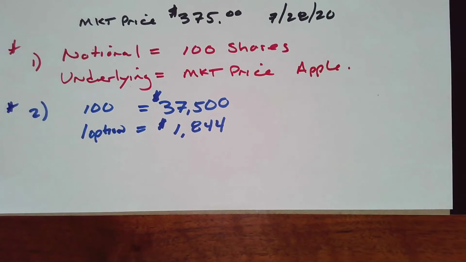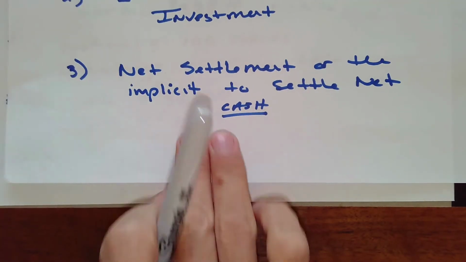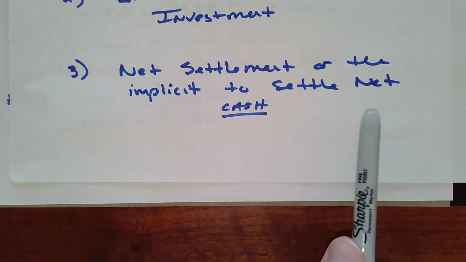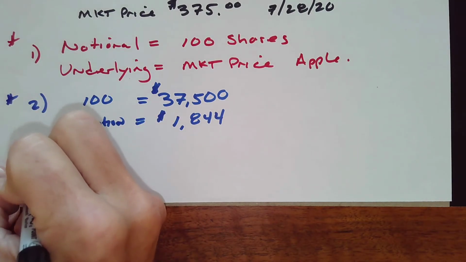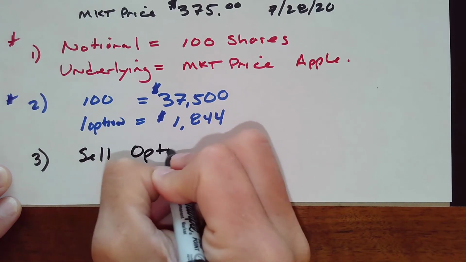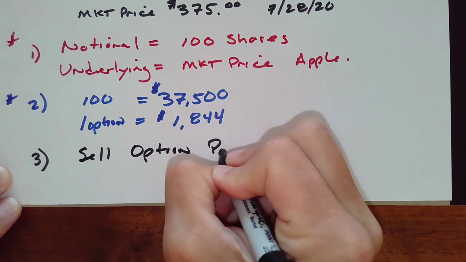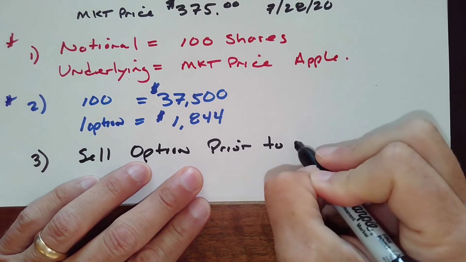Number 3, right, is net settlement or the implicit ability to settle net in cash. Well, with exchange traded options, I can actually sell the option prior to exercise.